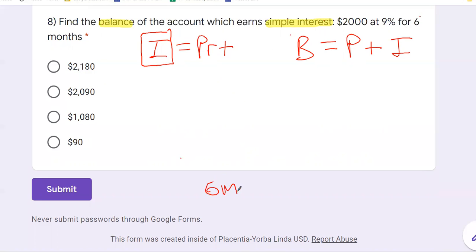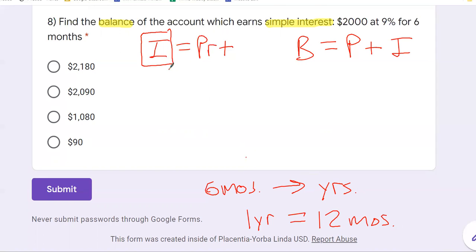So 6 months has to be converted to years. And to help you with that, remember that 1 year is equal to 12 months. Okay, so hopefully you'll figure out what 6 months is in terms of years.